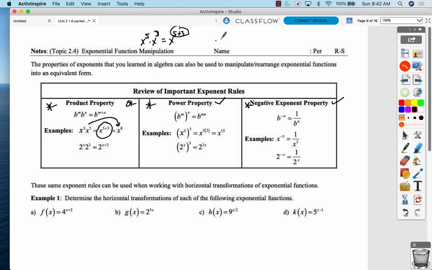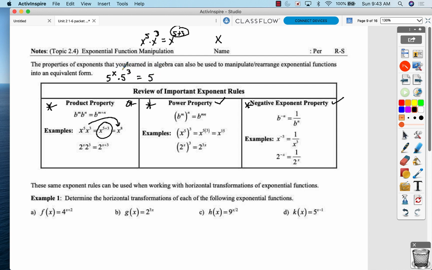But the problem is, in this class, you're going to get something like, well, what's x to the? Well, let's make it a number. What if I had something like 5 to the x times 5 to the 3? So that would be 5.